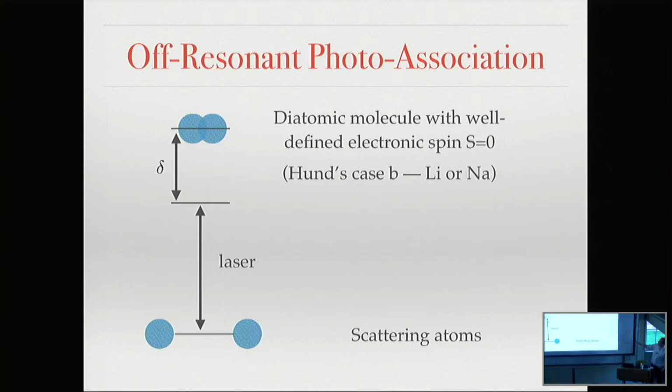And so if you look at the molecular physics, essentially what we need in order to get a well-defined electronic spin is a very weak spin-orbit coupling. So we need a relatively light atom, something like lithium works well, or sodium is not so bad either. There are some molecular states which have this property in either of those.